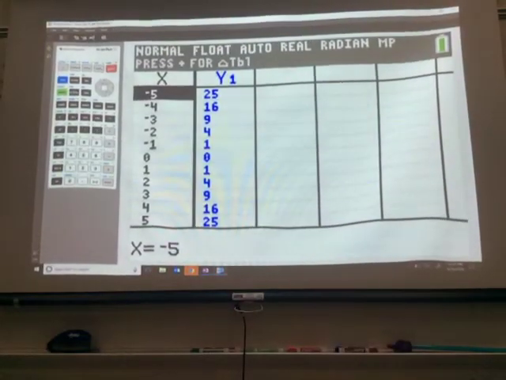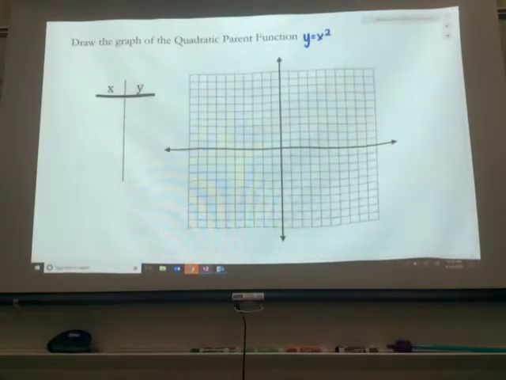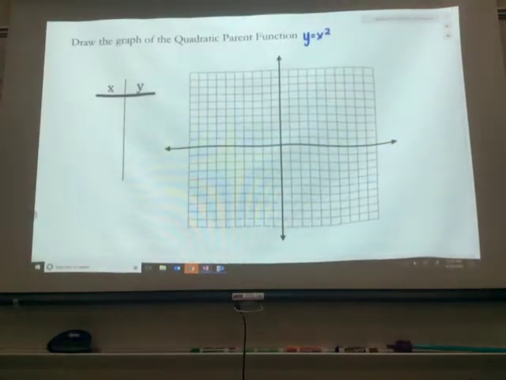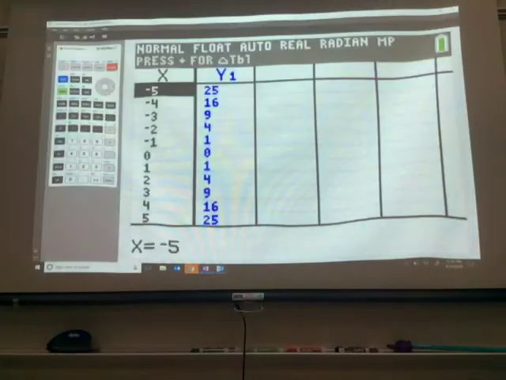Once I've done that, I can create the table I need. So going back to your notes, your table, I want at least 7 points on there. And that means 3 above the vertex and 3 below the vertex.